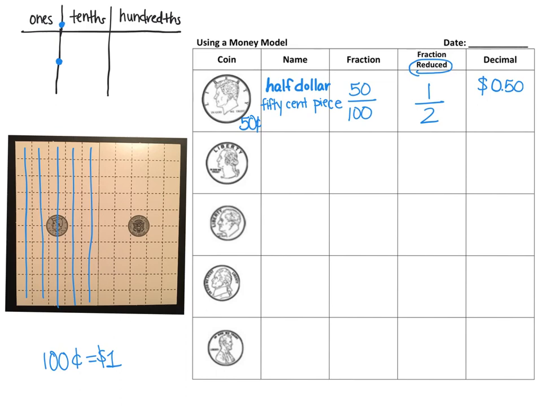So since this is in a 100s chart, we have 5 tenths or 50 hundredths. If we counted each one of the boxes, that's how we would get 50, like that. So we could also write the decimal as 0.50 or 0.5. The exact same thing.